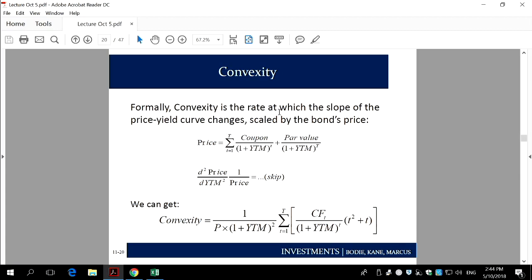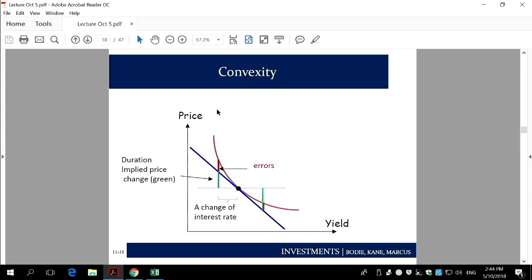Convexity is the rate at which the slope of the price-yield curve changes. So actually, this convexity mathematically means how much curvature this curve has.